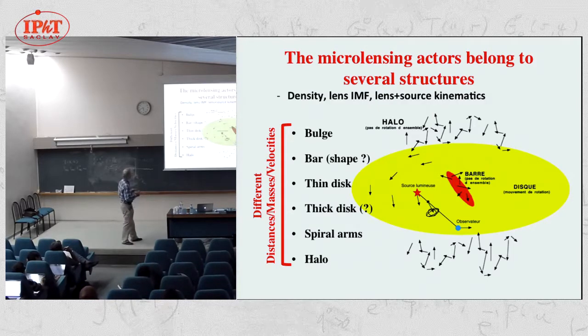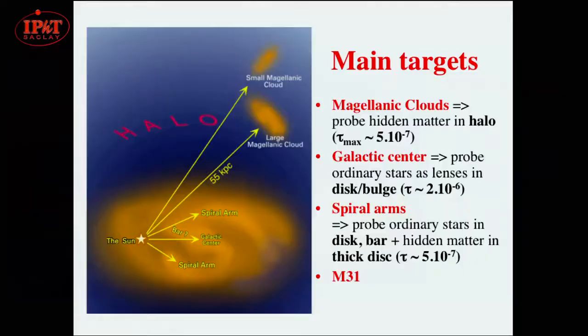All these structures have their own 3D density function, and they also have different kinematics, which will give different classes of microlensing events.